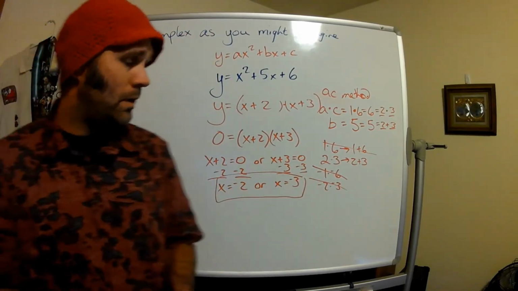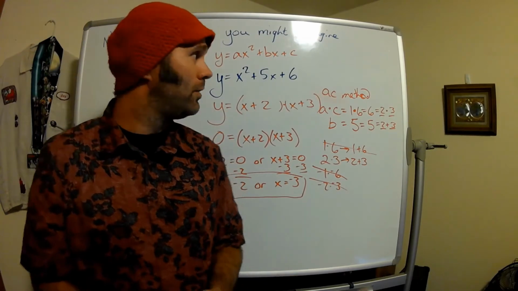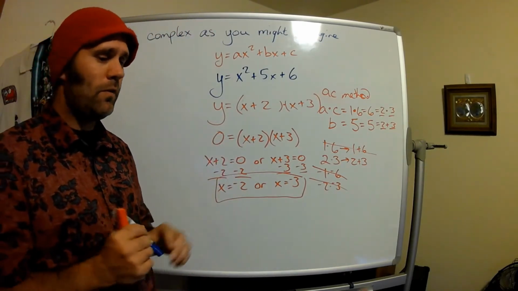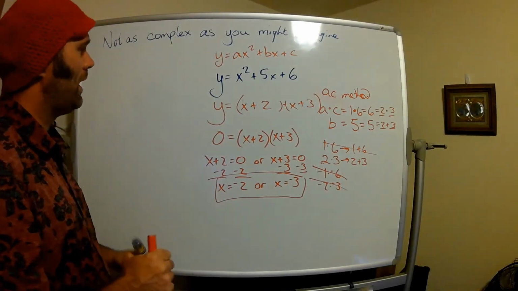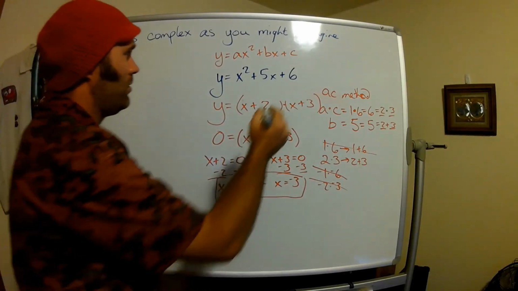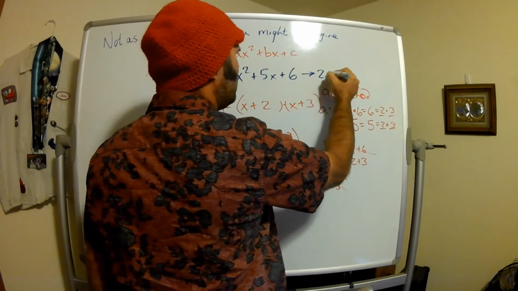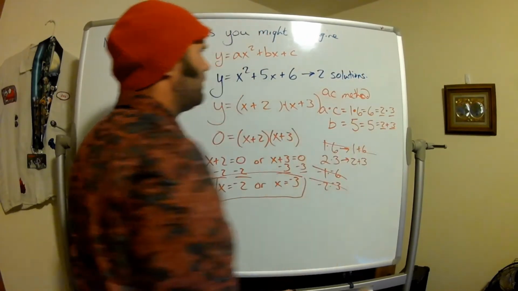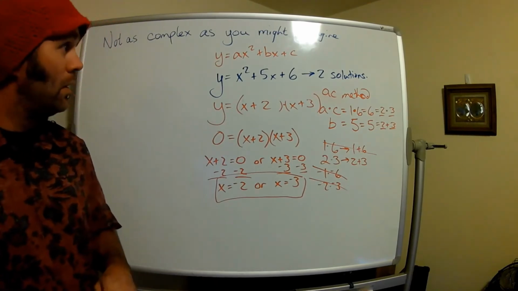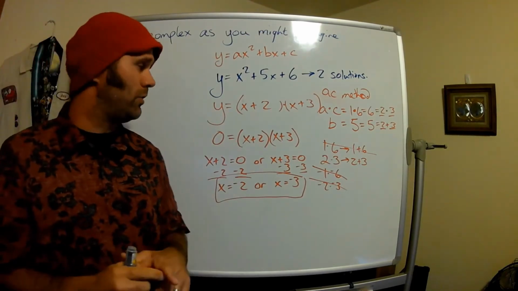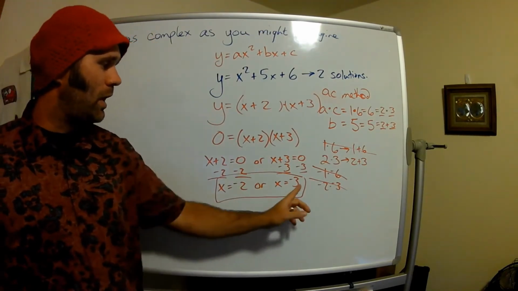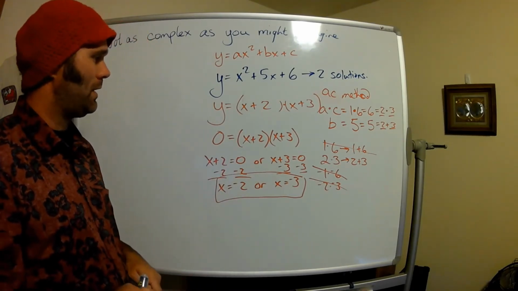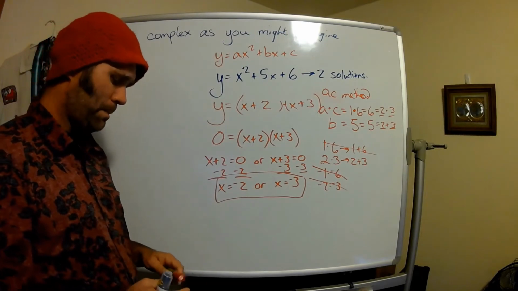Okay? Those are two solutions. So in this case, if this was one of our tiles, we would say that this has two solutions. And there are two real solutions here, -2 and -3. Those are our two solutions that we got. Okay?